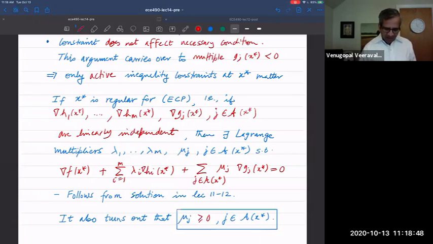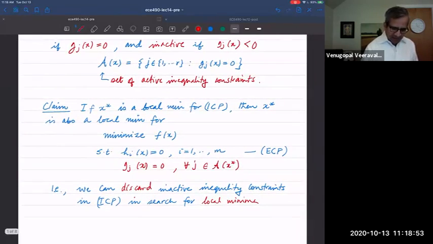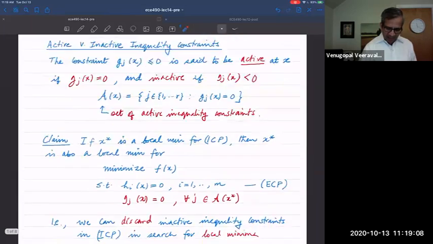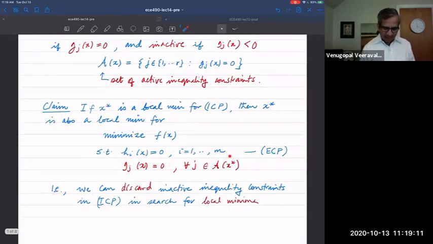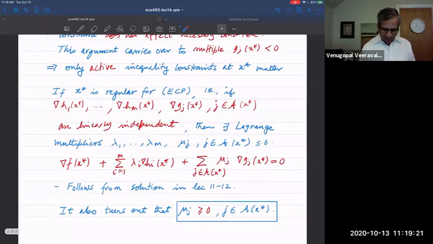And along the way, we're going to establish this result that we can discard the inactive inequality constraints when we consider necessary conditions. Okay, so we'll do both. We'll show that ICP is really equivalent to this ECP, and that the Lagrange multipliers associated with those active inequality constraints have to be non-negative.